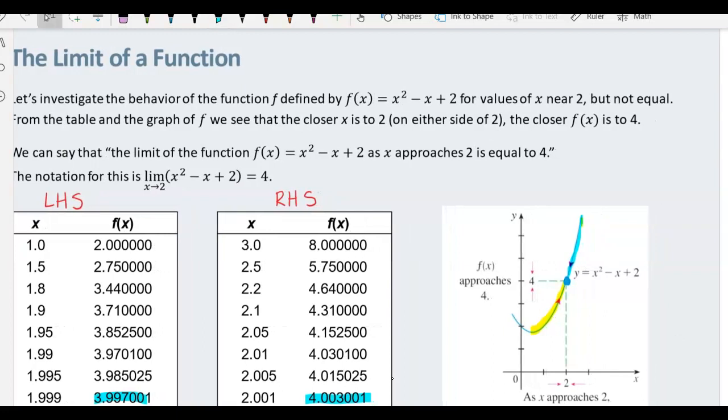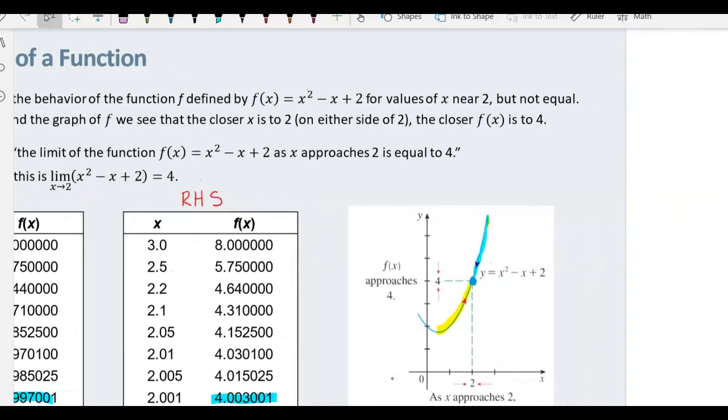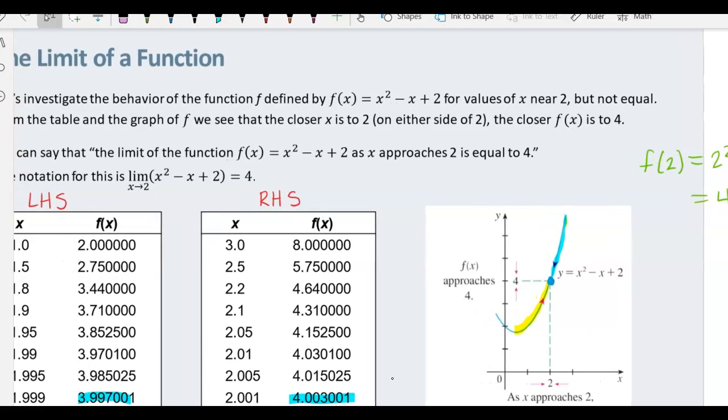Well, we know that if we were to plug 2 into this function, if we were to take, let's say, f of 2, we'd have 2 squared minus 2 plus 2, which is in fact 4. So it makes sense that the output value that we're getting from looking at the limit from both sides is 4, because that's what the function value is.